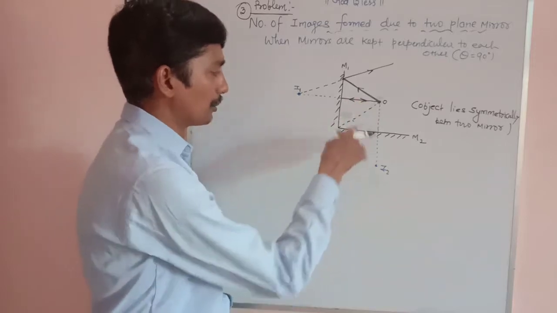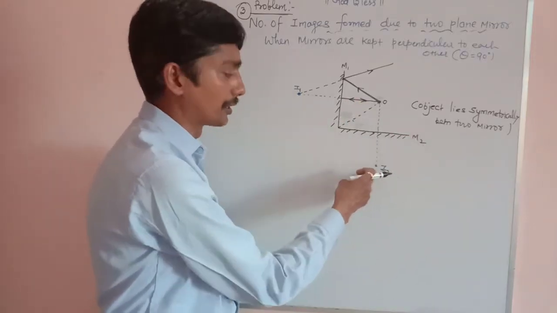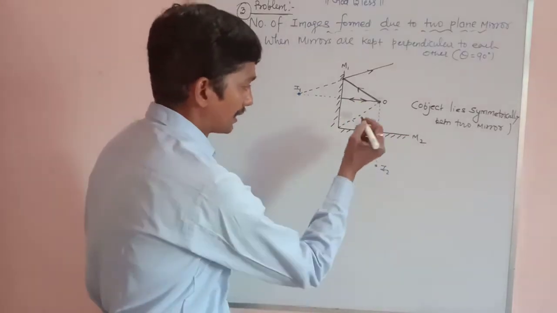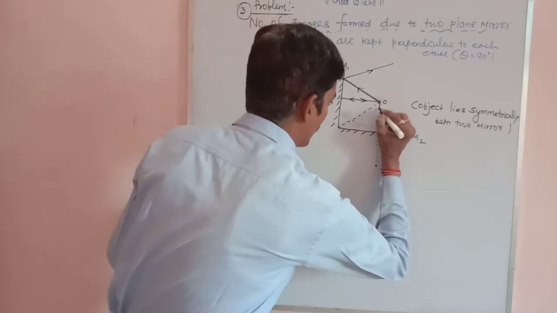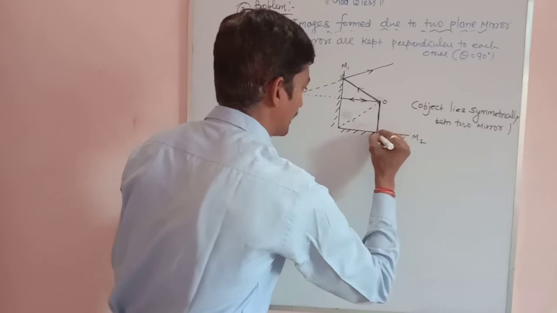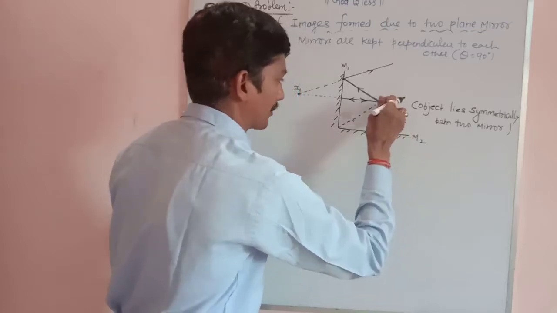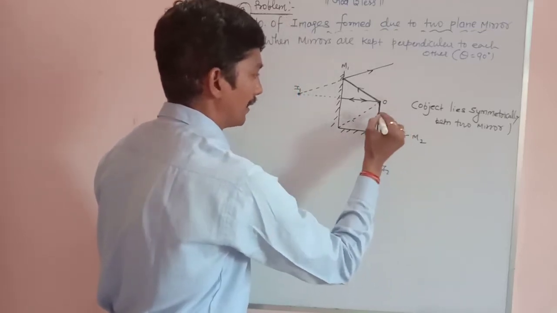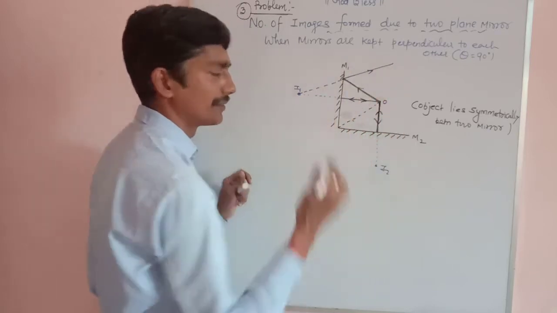Similarly, let us do the ray diagram for mirror M2 with respect to image I2. Let us draw the normal incident on the mirror from point object O. This is the normal incident on mirror M2 from point object O, reflected back along the same path.